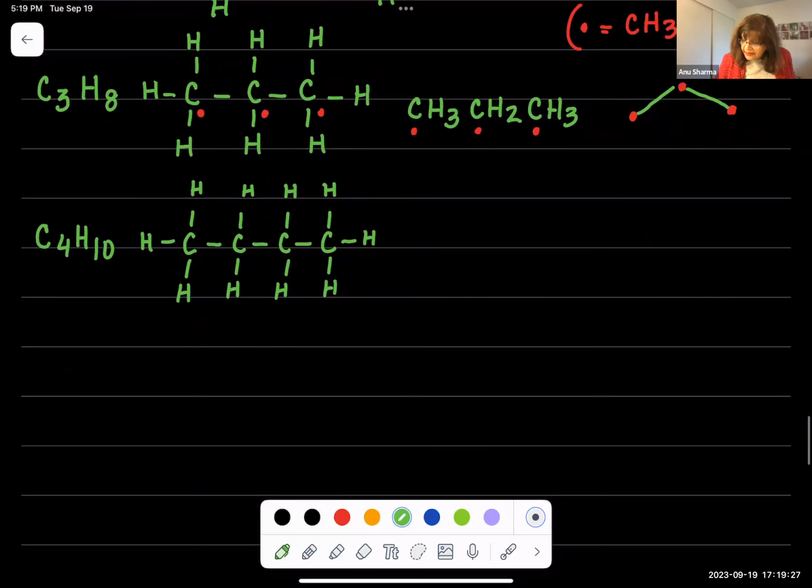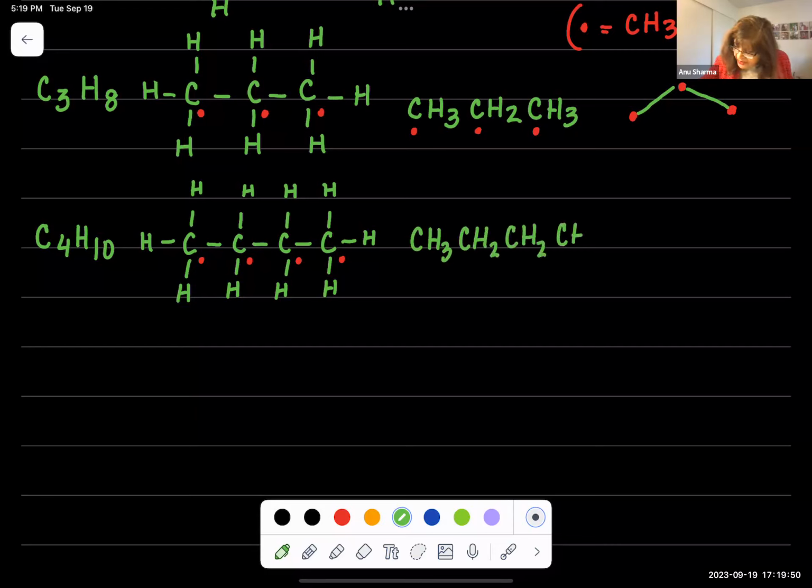Next is the condensed. So remember the CH3, and this is the CH3. There are two CH2s in between, right? These are two CH2s. So 4 carbons. So how will you write this? This would be CH3, CH2, CH2, and CH3.